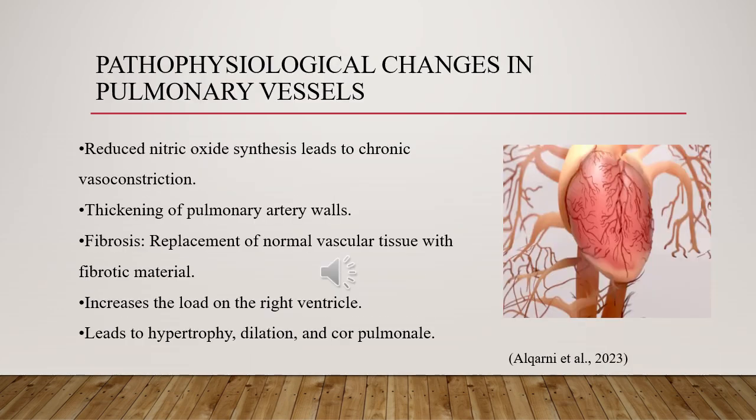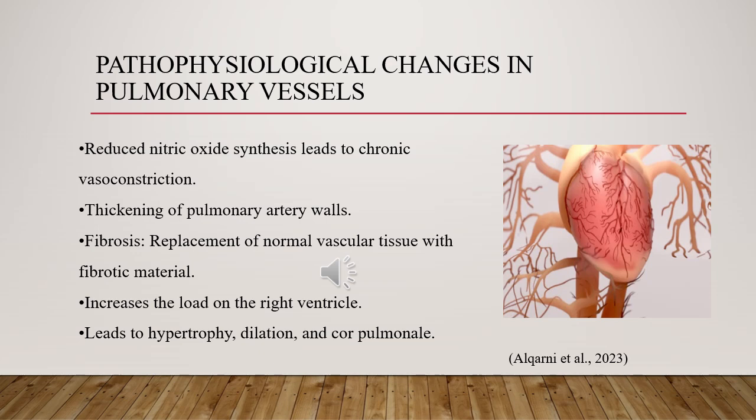In pulmonary hypertension, the vessels undergo significant changes that compromise their function. According to Alkani, endothelial dysfunction is a hallmark of PH, reducing the synthesis of vasodilators like nitric oxide and prostacyclin, while increasing vasoconstrictors such as endothelin-1. This imbalance leads to chronic vasoconstriction and persistent high blood pressure within the pulmonary arteries.